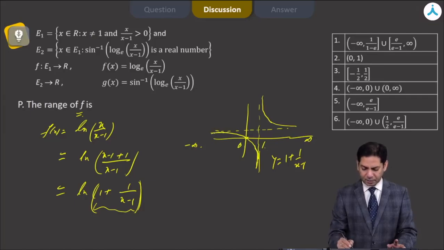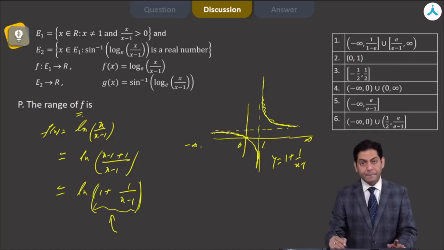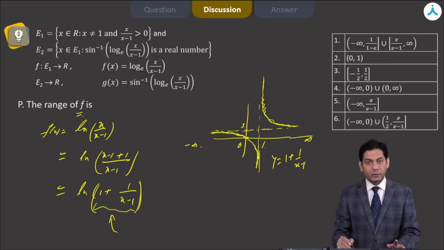That means this output will be the input for the log function. So the input for the log function, that is this quantity, is varying. You can see it is going up to infinity over here, and except for missing out the value 1, it is obtaining all the values between 0 and 1 also. That means this quantity is going from 0 to 1 union 1 to infinity.